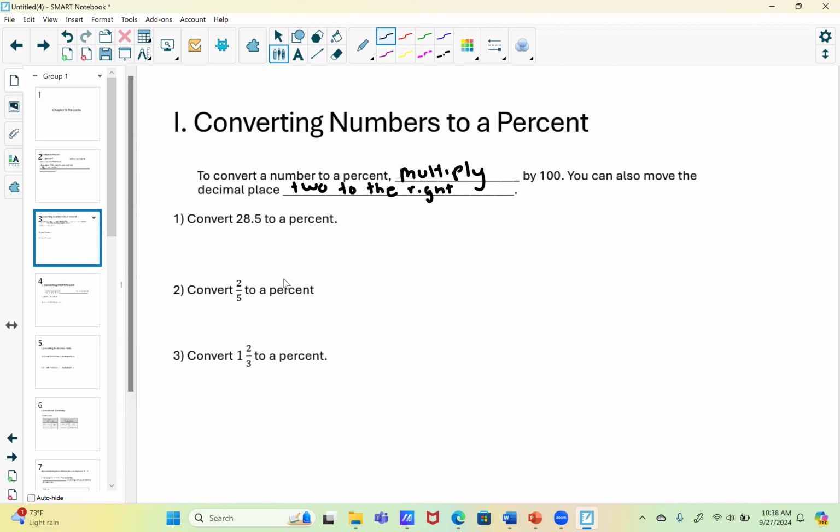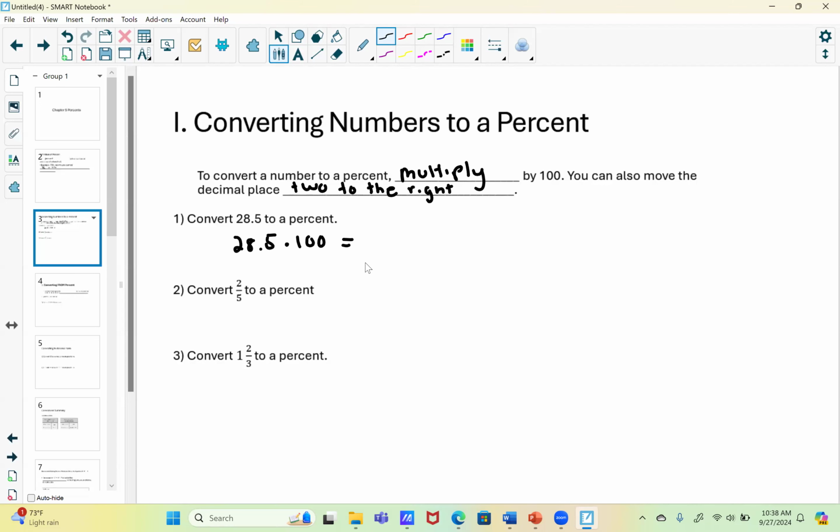Anytime I want to change something to a percent, I always multiply by 100. So if I have 28.5 and I want to change it to a percent, I multiply it by 100. And anytime you multiply by 100, it moves the decimal place to the right.